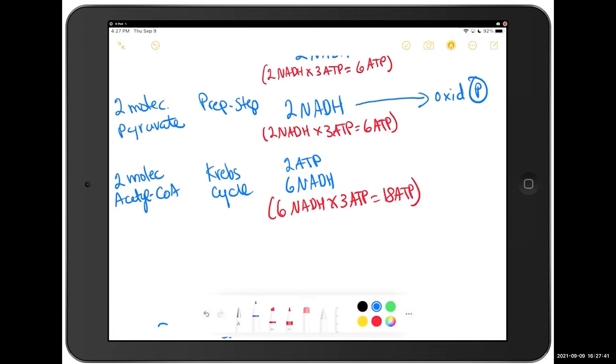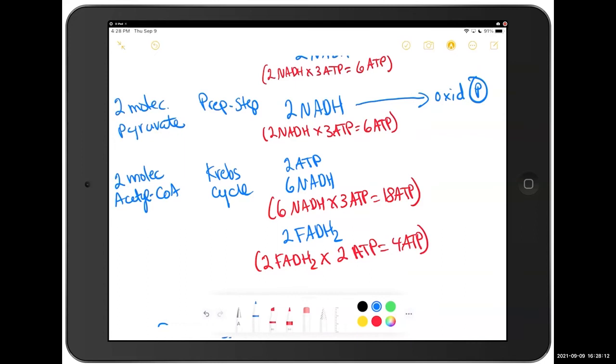And we also generate 2 FADH2. This one generates less ATP, guys, and I'll show you why in just a bit. 2 FADH2 times 2 ATP equals a total of 4 ATP that will be generated.